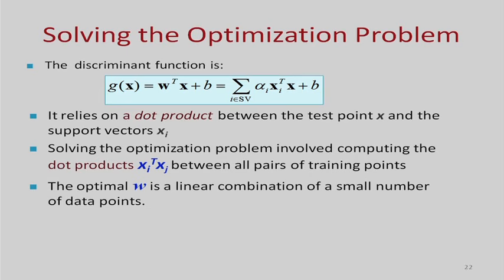So, when we solved the optimization problem, it involved computing the dot products between all the pairs of training points, and the optimal W is a linear combination of a small number of data points. So, these are some of the features of this SVM formulation.